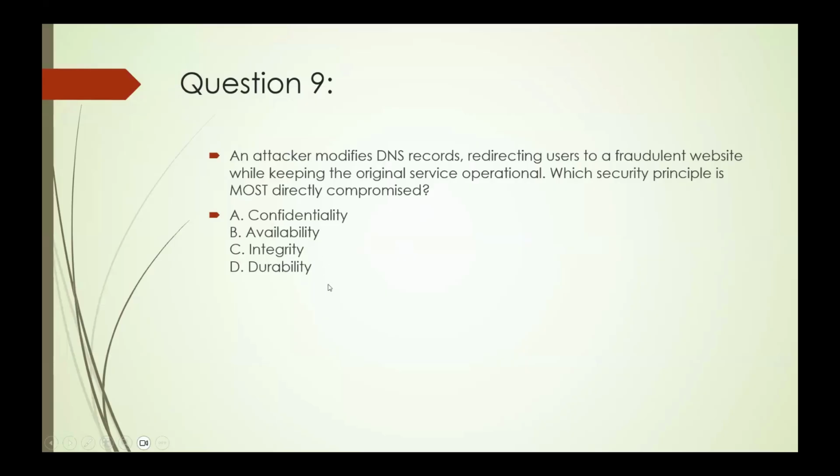Durability is not among our triad, so remove that directly. So CIA. Among CIA, the trustworthiness and correctness of DNS information was altered in this scenario. So this is an integrity failure by alteration. So integrity is the right answer. Availability may appear unaffected, making this a tricky one.